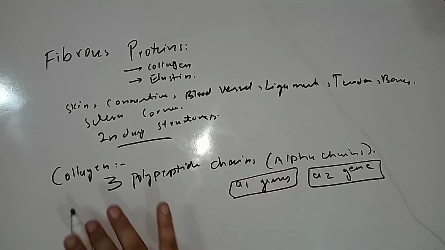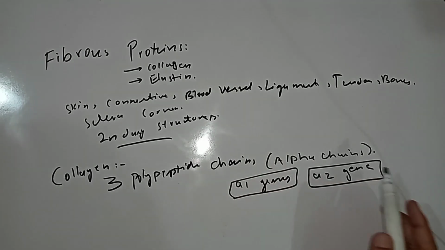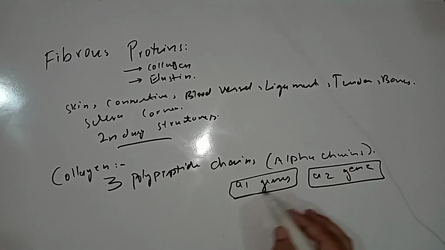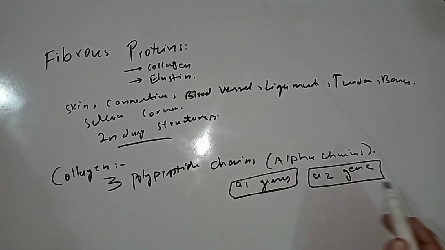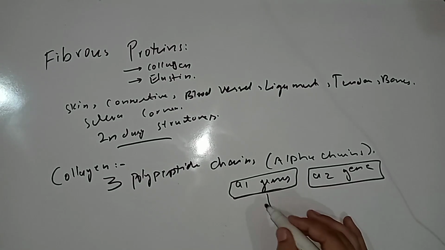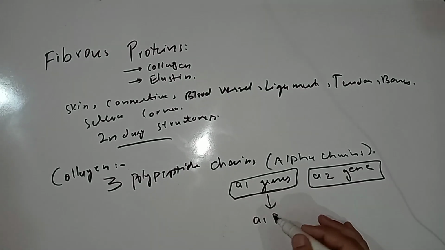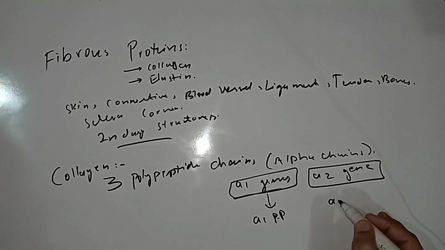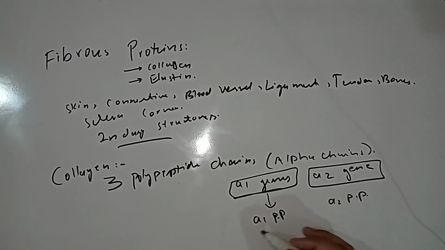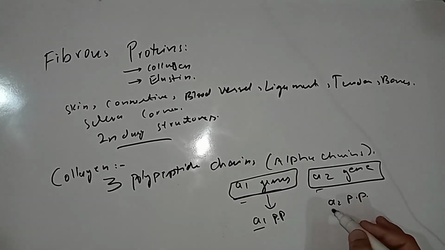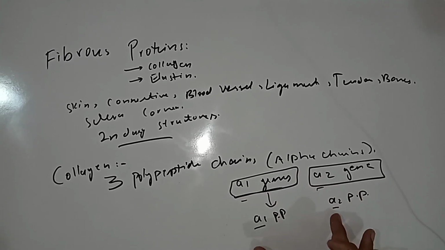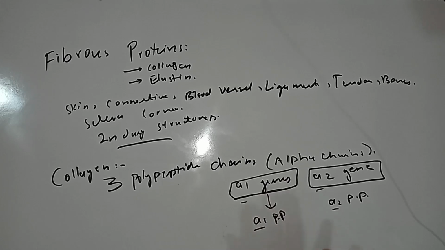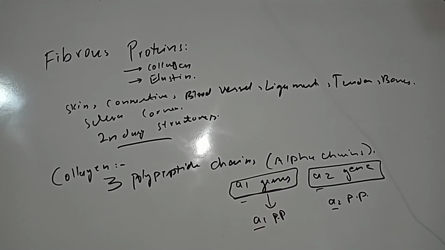This alpha here is used for naming. It does not specifically refer to the alpha helical structure which we previously discussed in the secondary structure. Instead, it is being used as a name here.